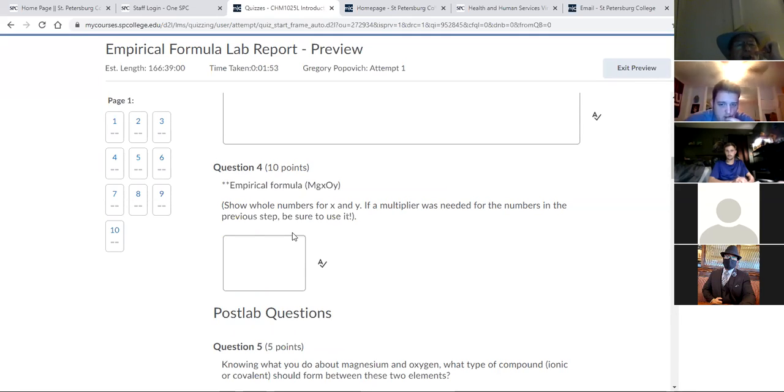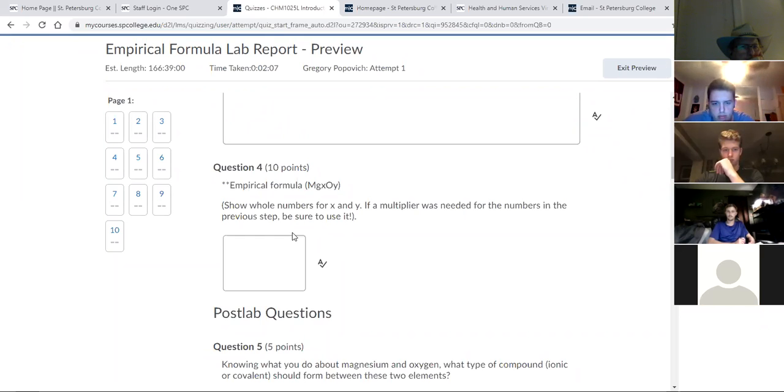Guys, you know the answer to this already. Who can tell me what the empirical formula of magnesium oxide is? Mg2O? No. Or is it MgO2? No. Just MgO, guys.